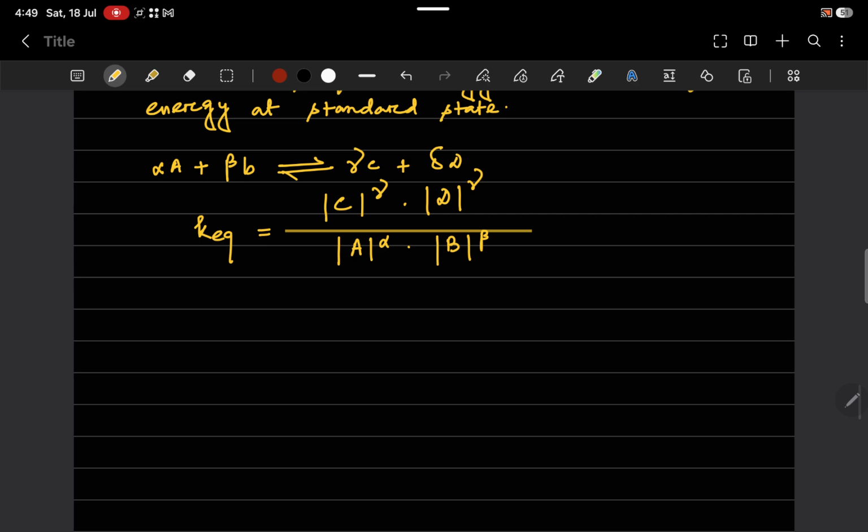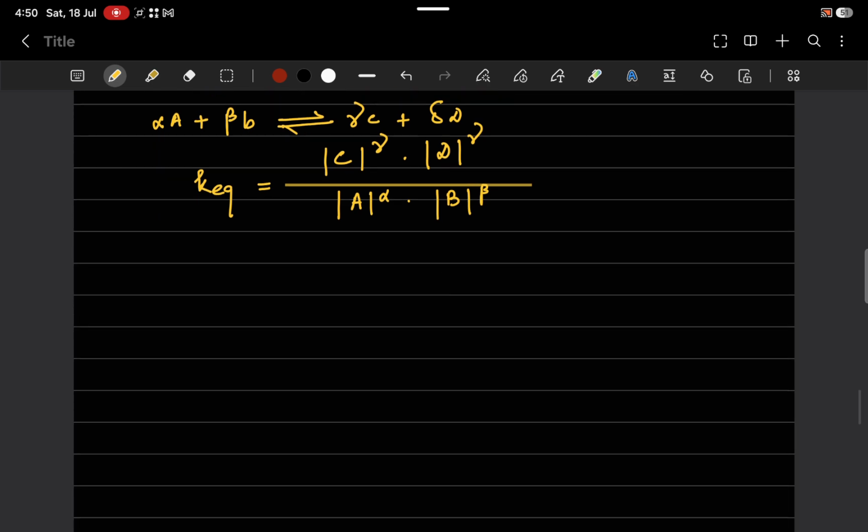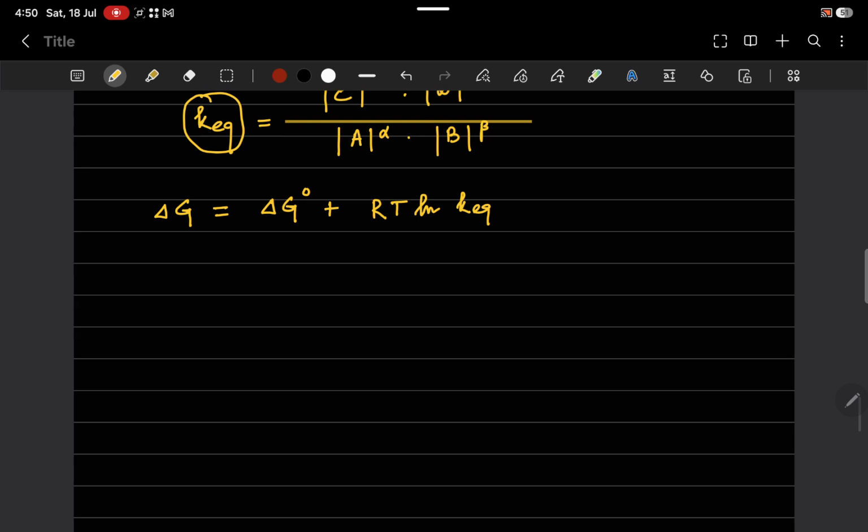Now if we put the value of K equilibrium in equation 1, delta G equals delta G0 plus RT ln K. I am writing this equation again so you can understand.